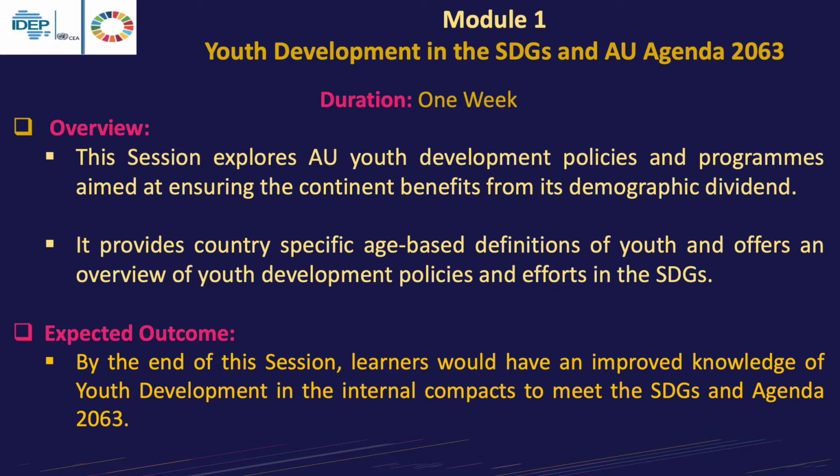So at the end of this session, we would expect that learners would have an improved knowledge of youth development in the internal compacts to meet the SDGs and Agenda 2063.